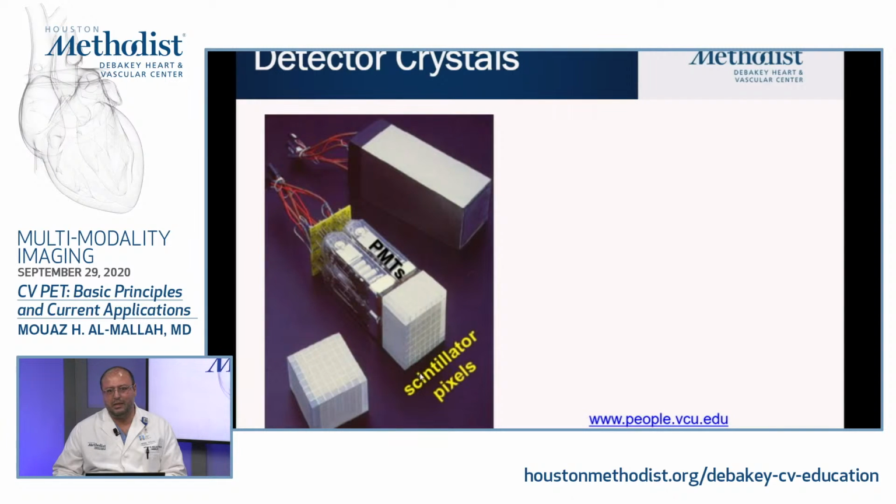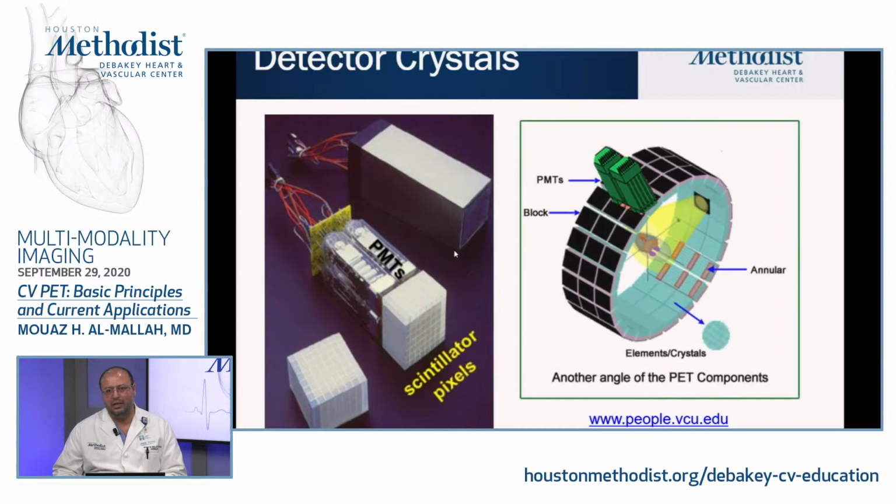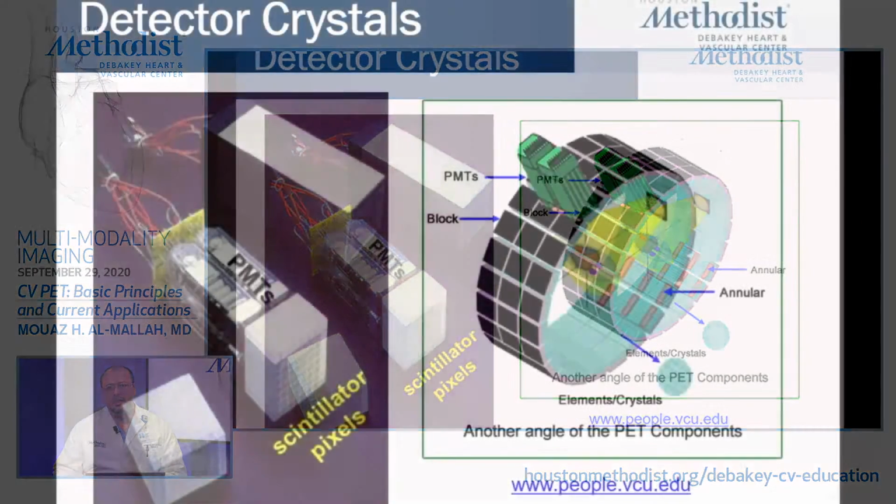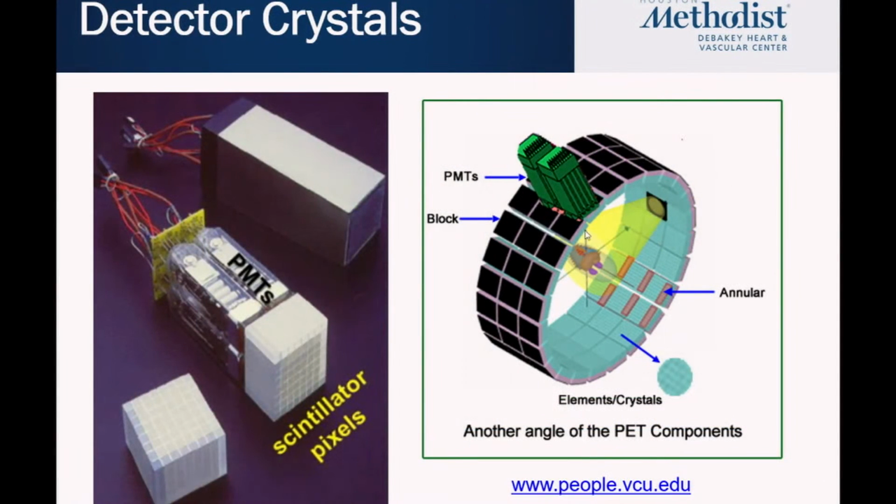You have the detector, the photomultiplier tube, and the electronics, and then the electronics connect to the machine. In PET compared to SPECT, we don't just have them in the front of the patient as I showed you in the first figure. Now you have a full ring of detectors in full 360 degrees around the patient.